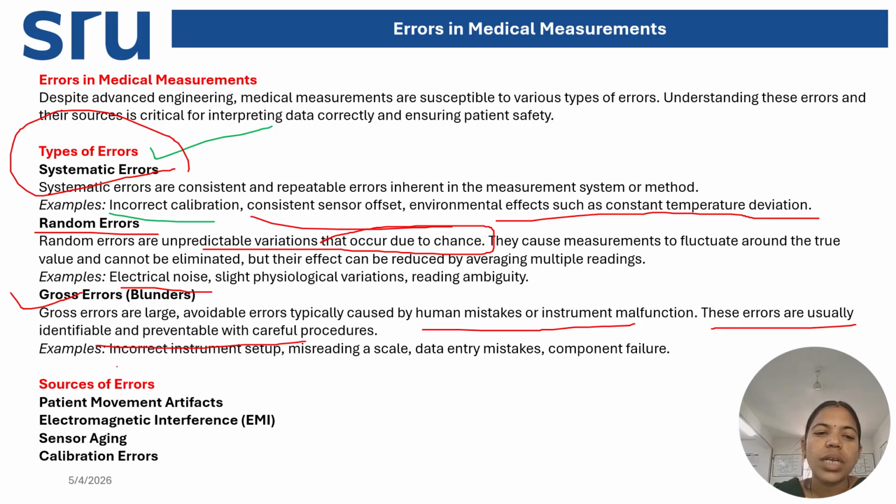Reading or noting down an incorrect value, misreading the scale, entering data with mistakes, or component failure all come under gross error. So these are the three kinds of errors present in the medical measurement.